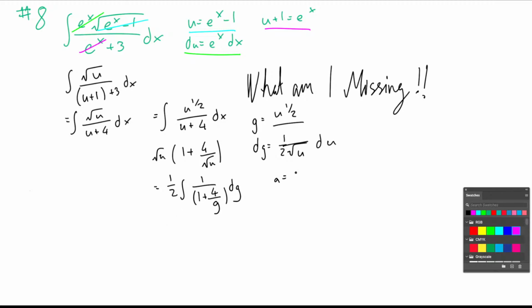Now if a were to equal 4 over g, dA would equal natural log 4 ln g dg. Problem is there is no ln in there, which means we cannot use sub.